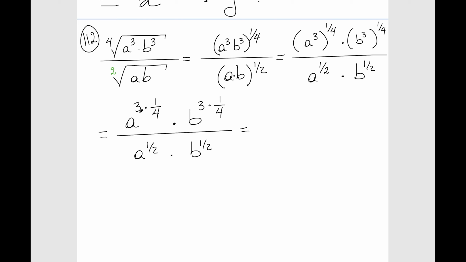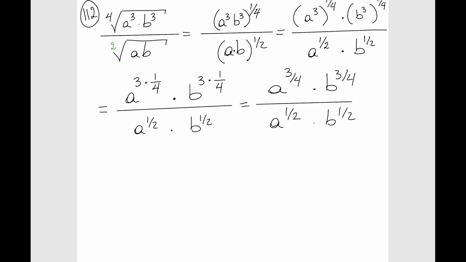3 is the same as 3 over 1 times 1/4, straight across: 3 times 1 divided by 1 times 4. So this is the same as a to the power 3 over 4 times b to the power 3 over 4, divided by a to the power 1/2 times b to the power 1/2. One moment of reflection yields that I can split the product.